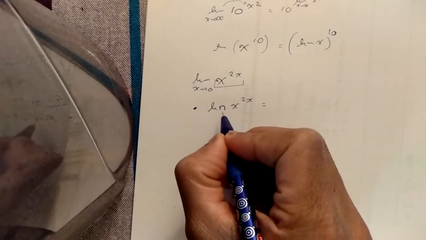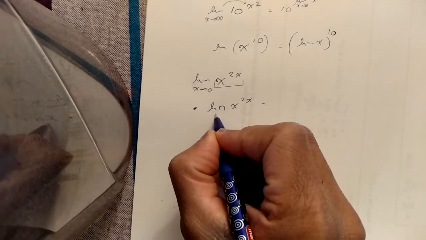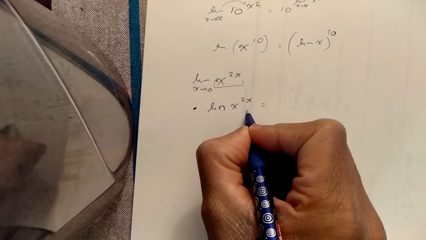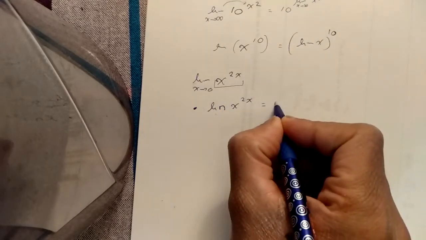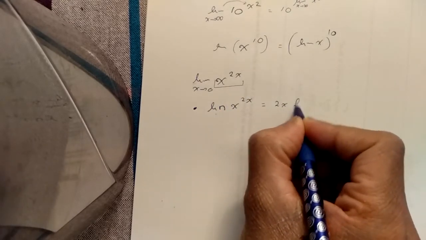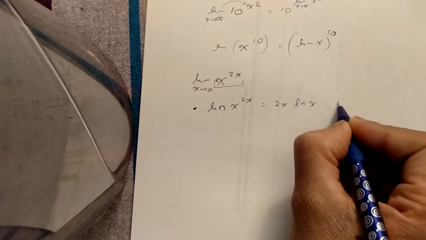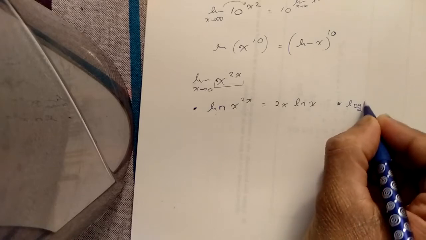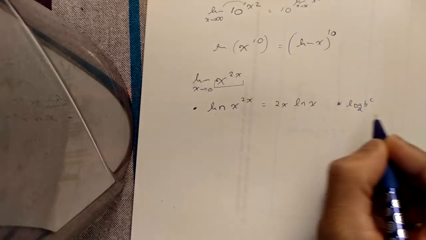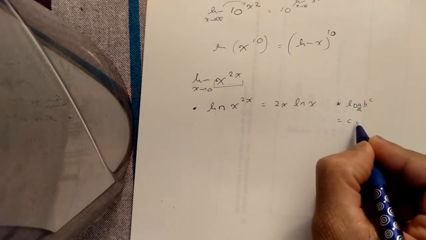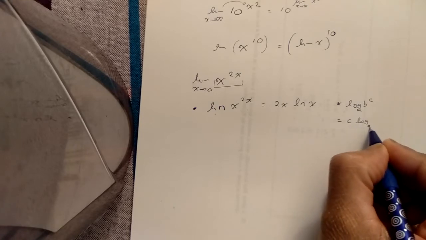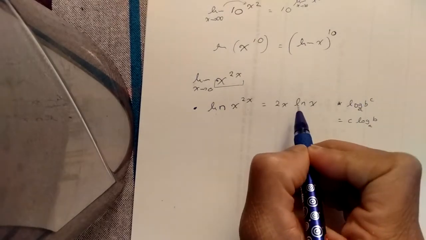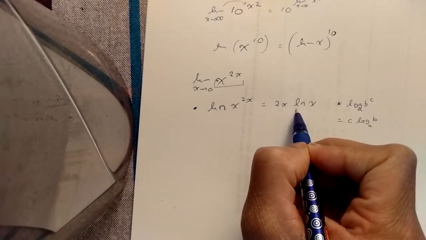By using logarithm techniques, we can simplify this term a little further, which becomes 2x ln x, because we have the logarithm rule where log base a of b to the power c is equal to c times log base a of b. So that's the logarithm rule that we have applied here.